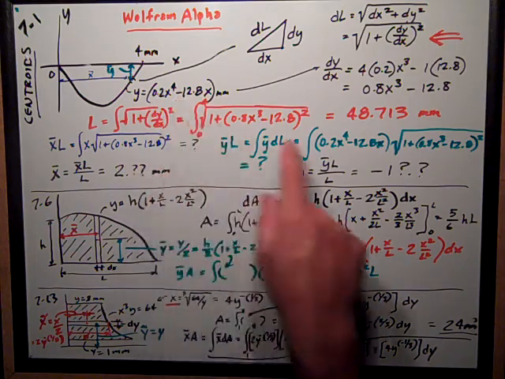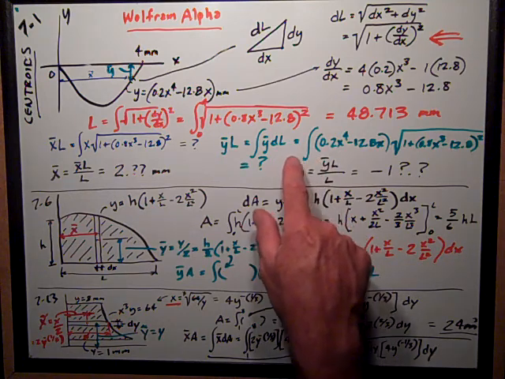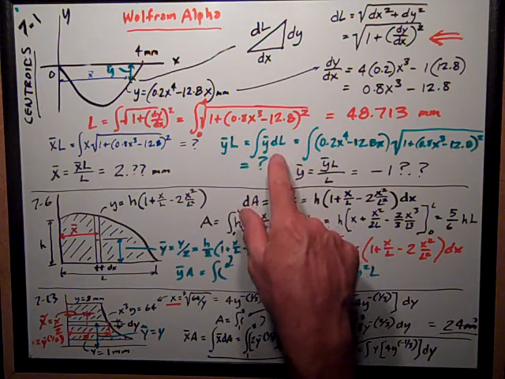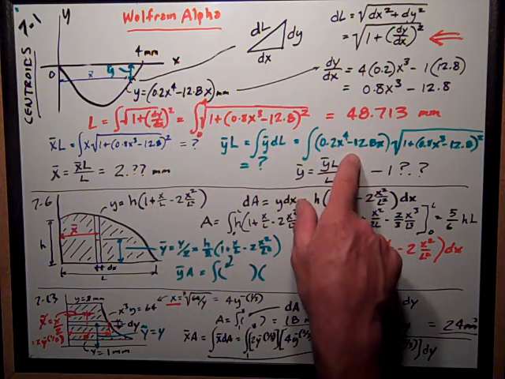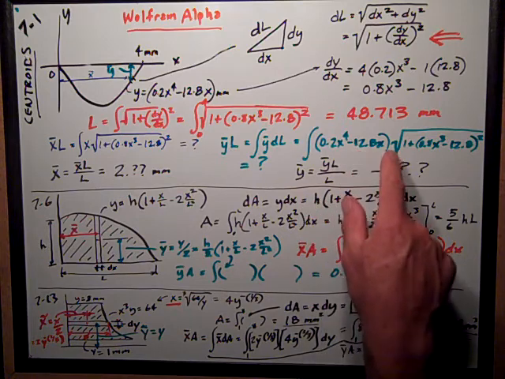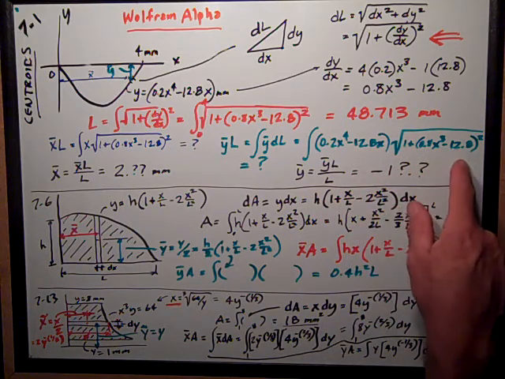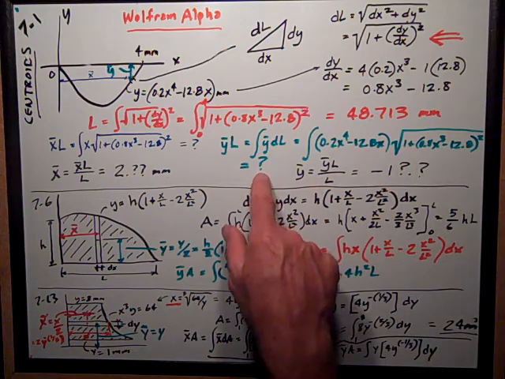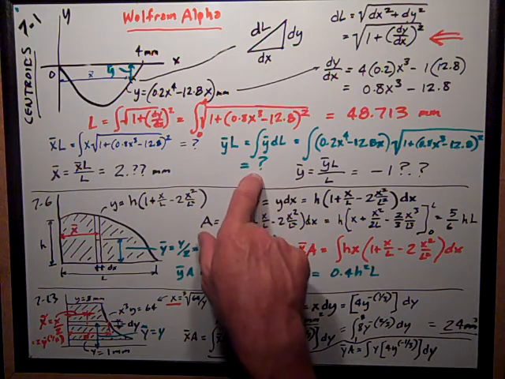So the expanded version is an integral of y dL. Y bar dL is this formula for y, 0.2x to the fourth minus 12.8x, times this formula for dL, the square root of all that. And you can also plug that into Wolfram Alpha, and you will get a number.